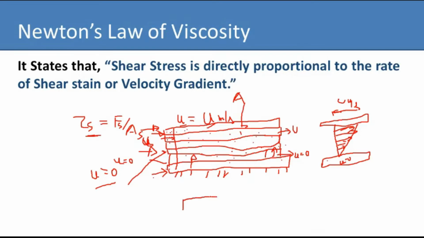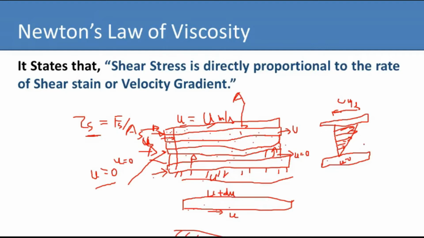Suppose this is any layer, this is our lower plate and this is our upper plate. The lower plate is fixed and the upper plate is moving with velocity capital U meter per second. On the bottom side of this layer the velocity will be small u meter per second, while the velocity on the upper side will be u plus du.